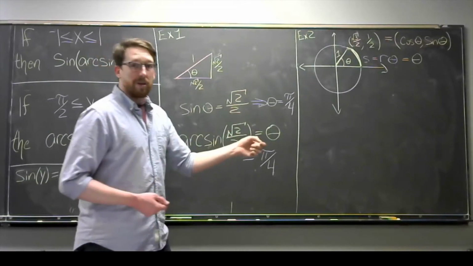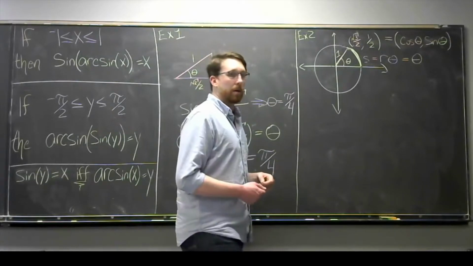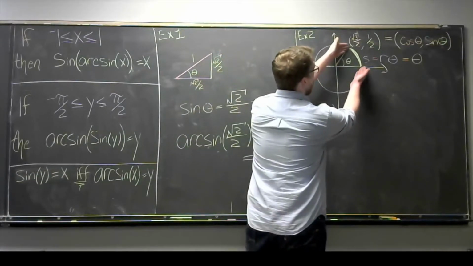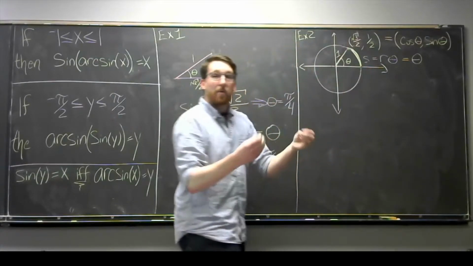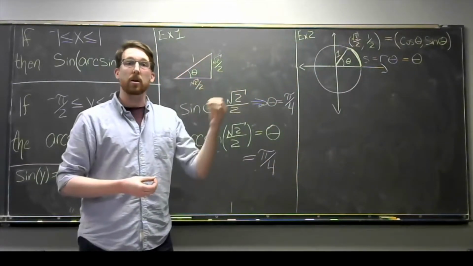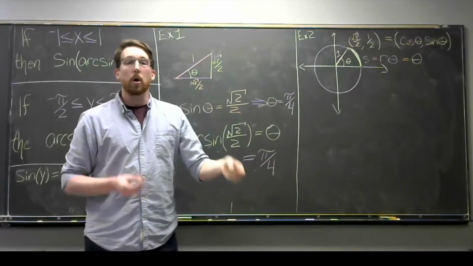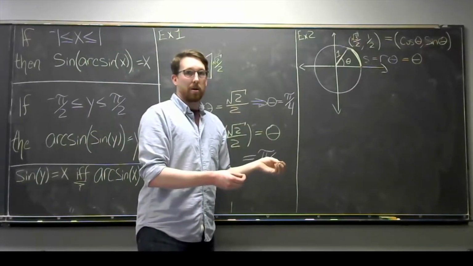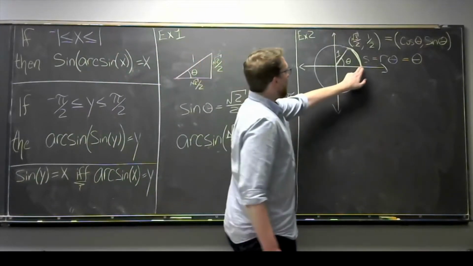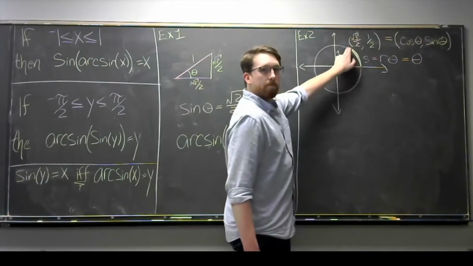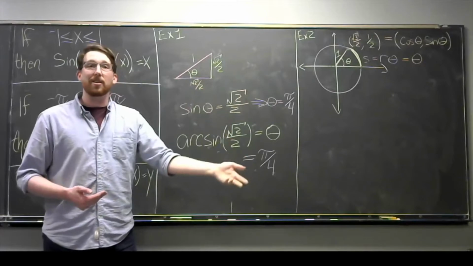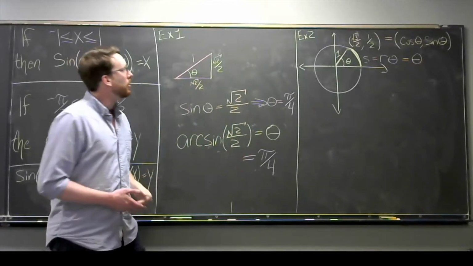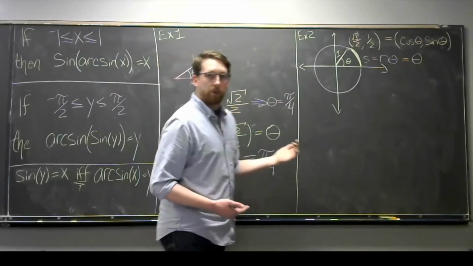So the arc length is equal to theta. So this arc length is equal to just the angle. So every time we find the angle using our inverse sine, we're finding the arc length of this segment here. And that's why it's called arc sine, because it's quite literally finding the length of the arc. Cool. Let's move on.